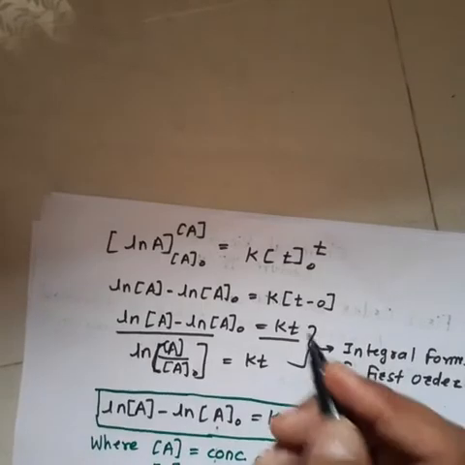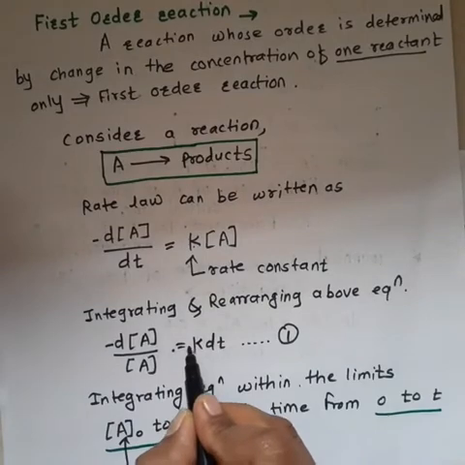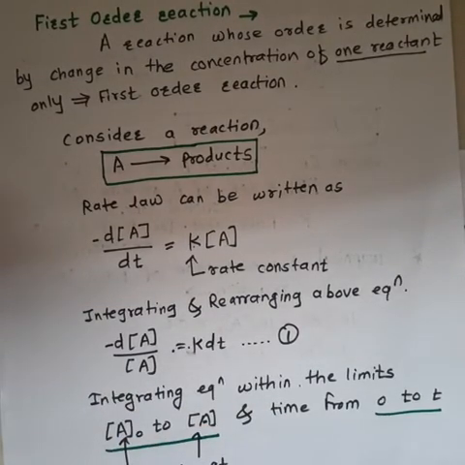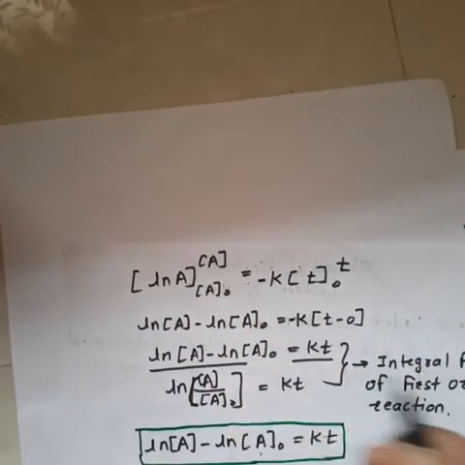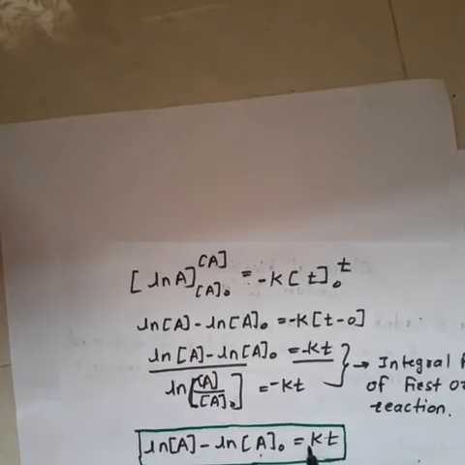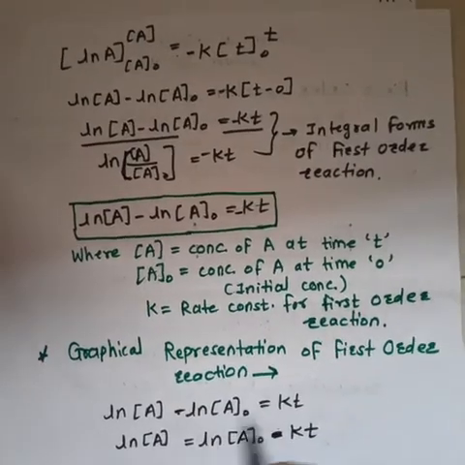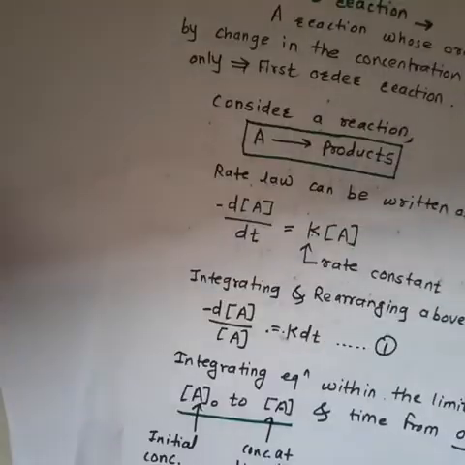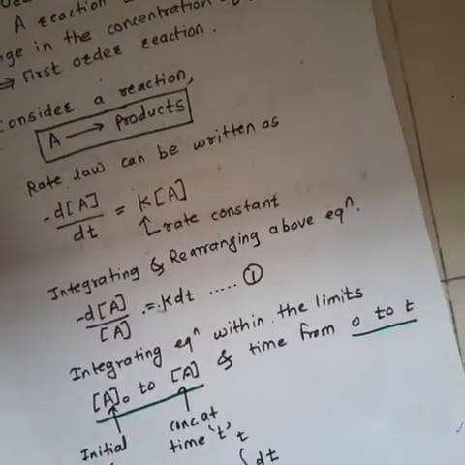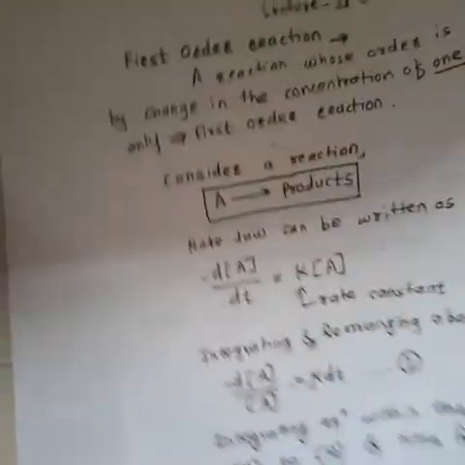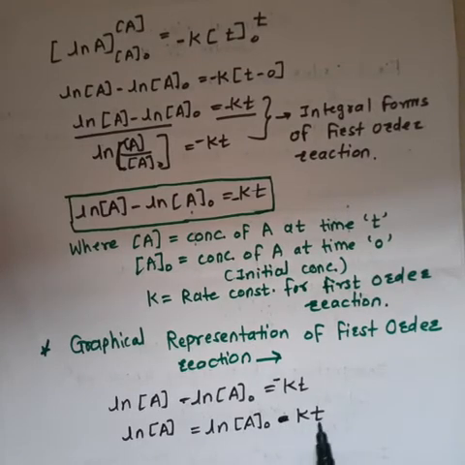Here we forward the sign minus, because this minus sign we have given to this side. So ln of a is equal to ln of a0 minus kt.